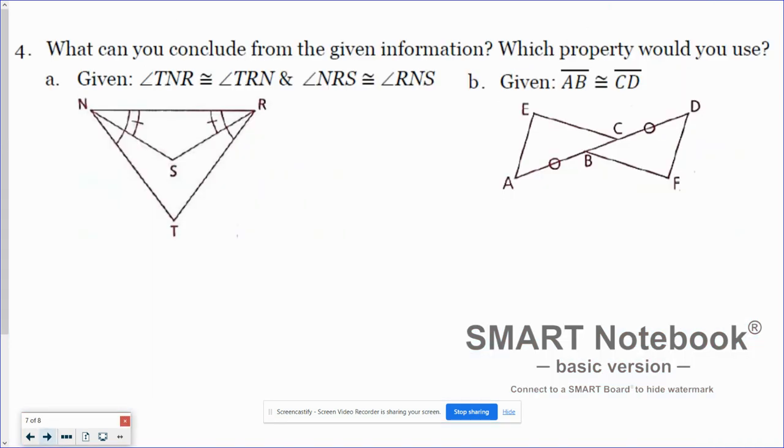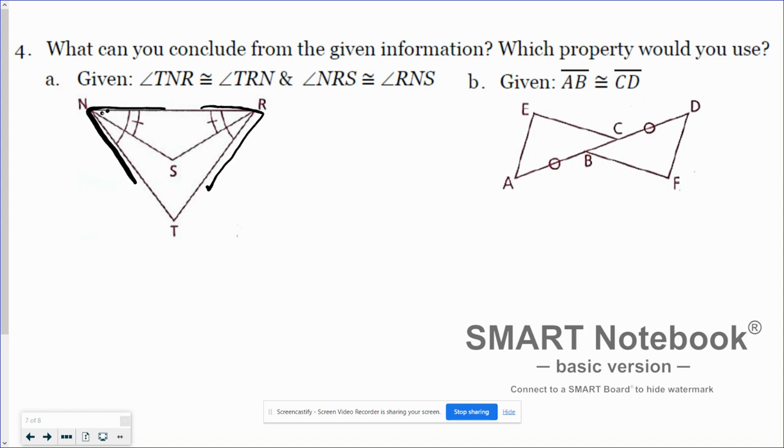So one more problem, I guess 2 more problems before we go. Okay, let's see if you can do these before I tell you what the answer is. Pause the video, give it a shot. So we're given that angle TNR is congruent to TRN.